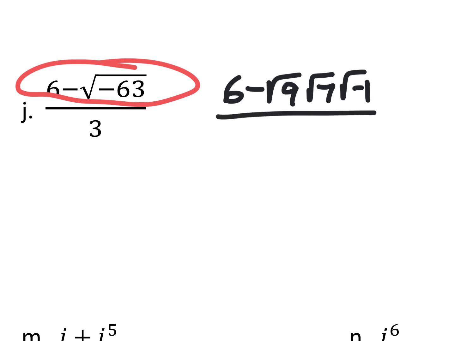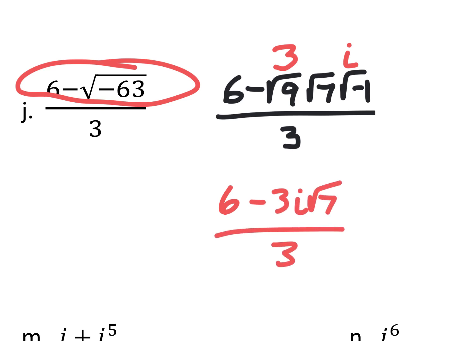Because that's how you can see that it's actually i. This part's 3. This part's i. So it's 6 minus 3i root 7 all over 3. No, you can't cancel those 3s right there. Why not? Because this is to be factored out first. Then when it's out here, then it'll be able to cancel. Okay.